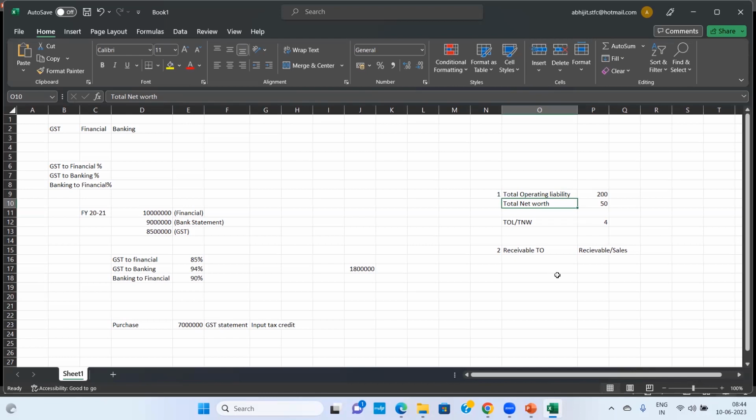Okay. Now, receivable turnover is receivables by sales. For this sales, I have to look at the PL account, the profit and loss account, right? So for an example, I have receivables of say 300 and I have sales of 600.